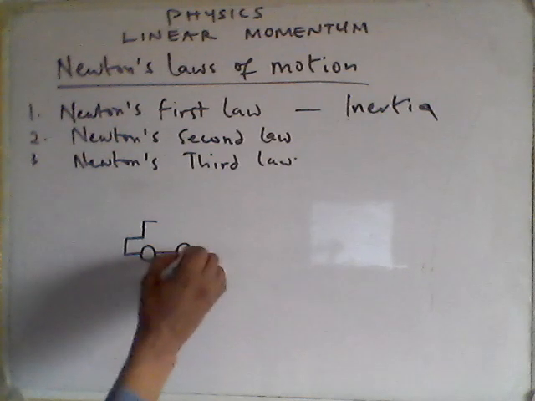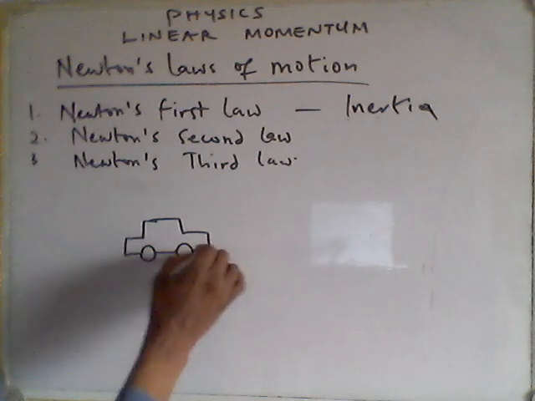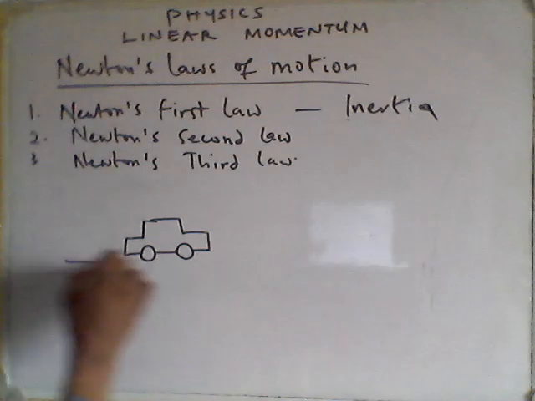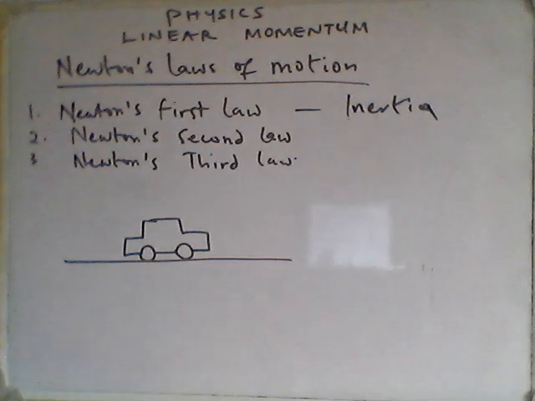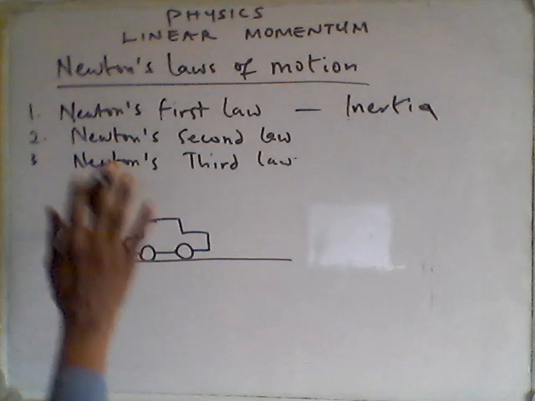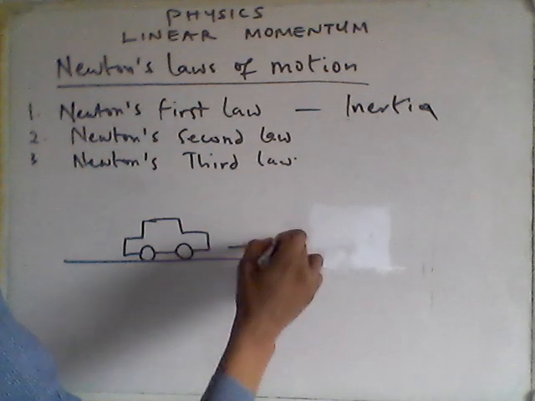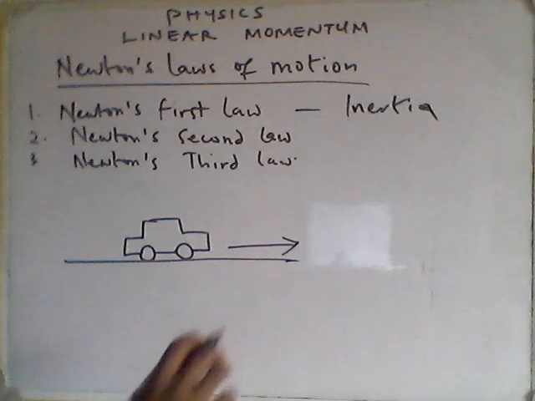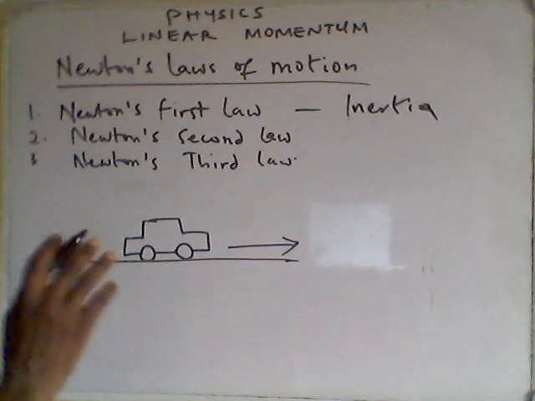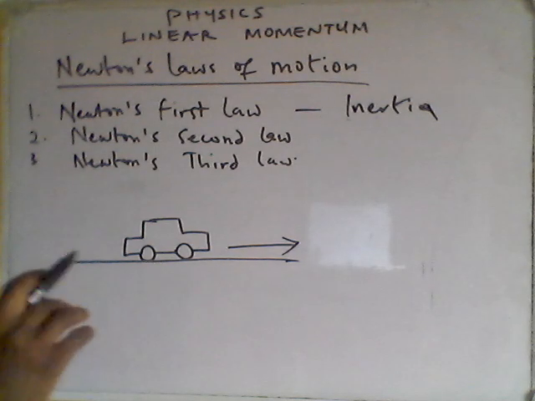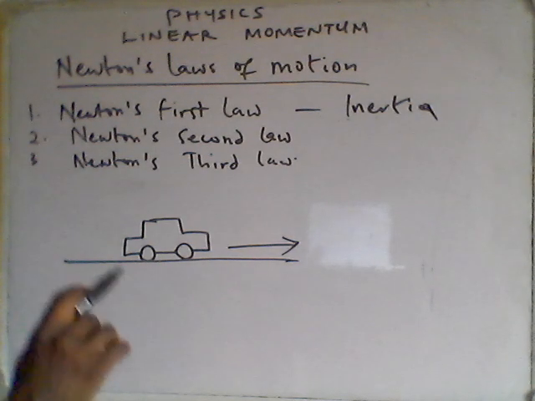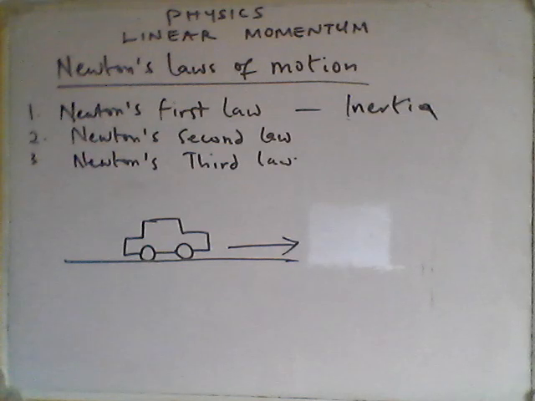A vehicle stationary like this, a vehicle that's not moving, is in a state of rest. It remains like that. If it starts moving, it will continue to move perpetually. That is what Newton's first law is saying. But the only thing that can stop it is when friction is applied and when the brake is applied to it to stop it.